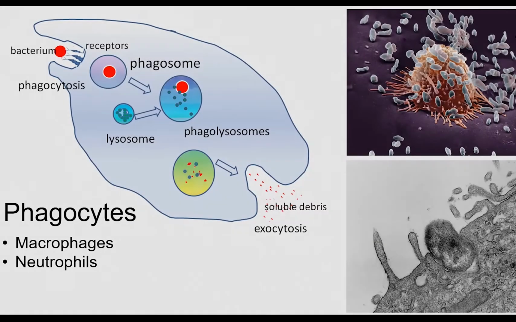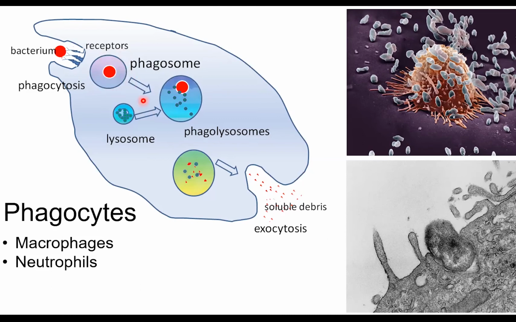Now, phagocytosis is a process that macrophages and neutrophils carry out. What they do is they engulf and digest pathogens. Pictured here on this diagram, we see a bacteria being bound by receptors on the phagocyte, which would be the cell that's carrying out phagocytosis. And that bacteria is engulfed in a type of endocytosis and encased in a phagosome.